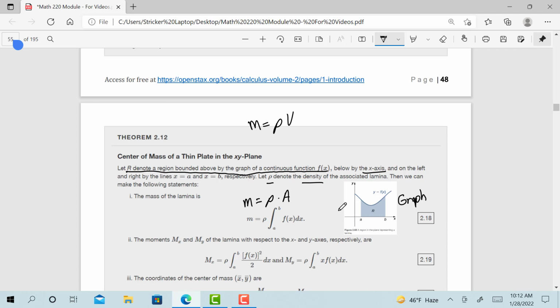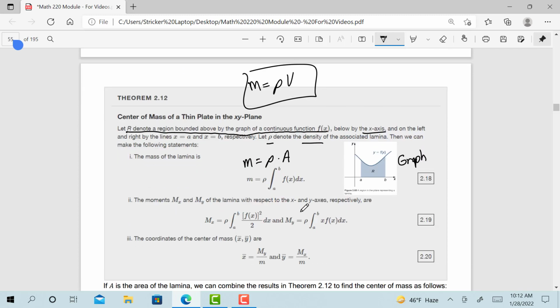Now when you get into Calculus 3 or Math 230, we're able to deal with three-dimensional objects and finding the mass and using actually this formula. But we're not quite there yet in this class. We need double integrals to deal with that, which you'll learn about again in Calc 3.